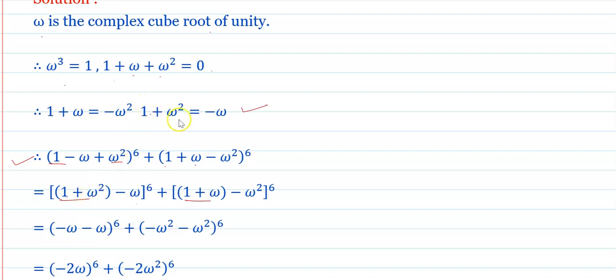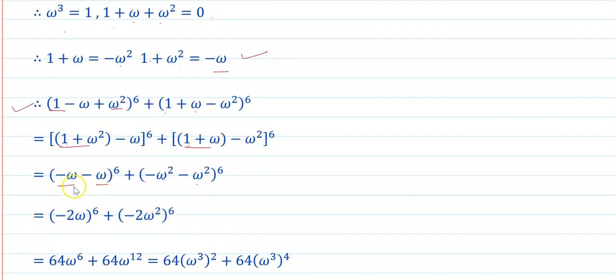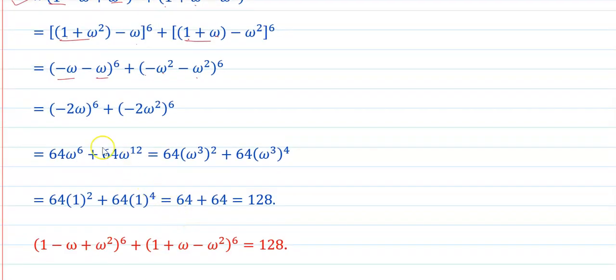It is minus omega. Therefore here it is (minus omega minus omega) raised to 6. What about 1 plus omega? It is minus omega square. Minus omega minus omega, you will get minus 2 omega, raised to 6. Minus omega square minus omega square, you will get minus 2 omega square, raised to 6.